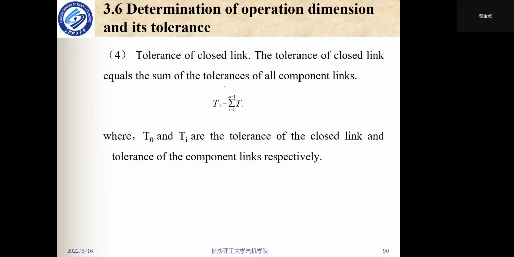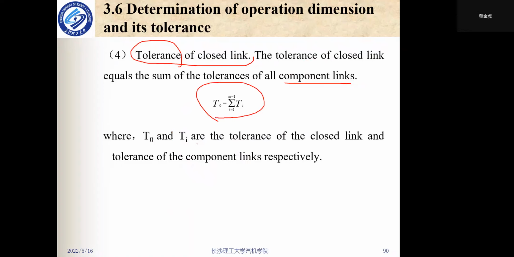The last one is the tolerance of closed link. The tolerance of closed link equals to the sum of tolerance of all component links. Because the closed link is formed by component links, the tolerance of closed link equals to the sum of tolerance of all component links, which can be calculated by this equation.